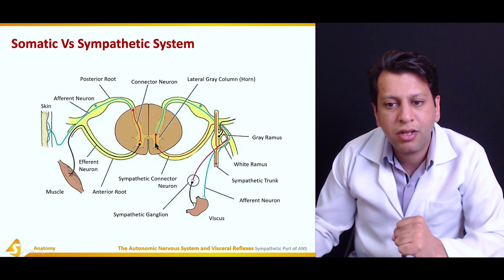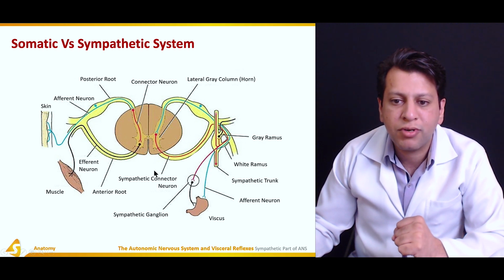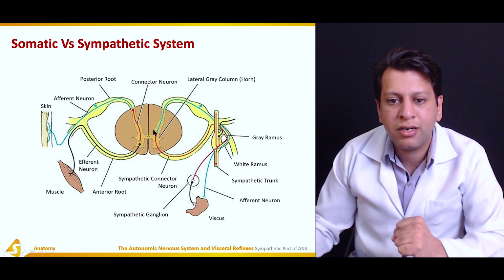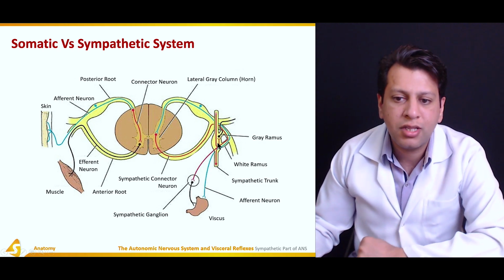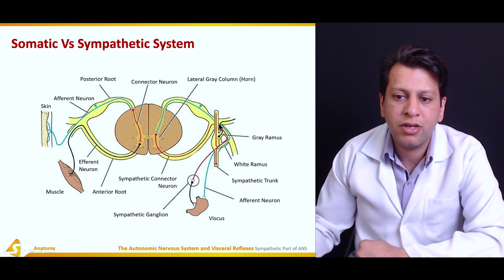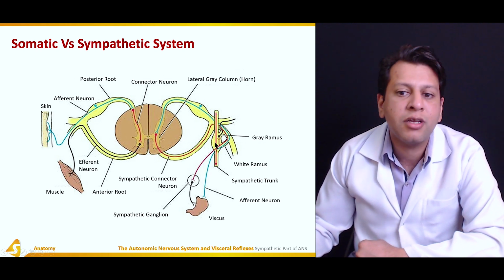Then a new fiber arises. This is called a sympathetic connector neuron, and it starts like this and goes into the ganglia. Now three things can happen. Either they can reach over here, synapse, and postganglionic fibers can arise at this level.